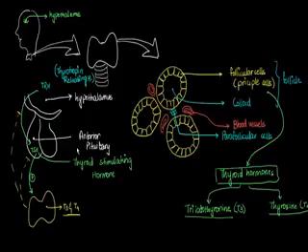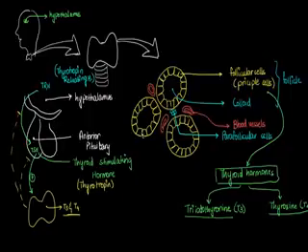The thyroid stimulating hormone is also called thyrotropin. So now we can guess why we have the name thyrotropin releasing hormone, because TRH causes the anterior pituitary to release thyrotropin, which is nothing but the thyroid stimulating hormone, which stimulates the thyroid to release T3 and T4.